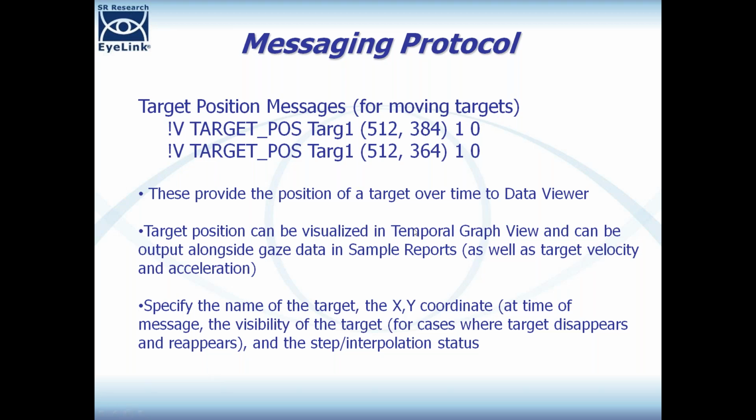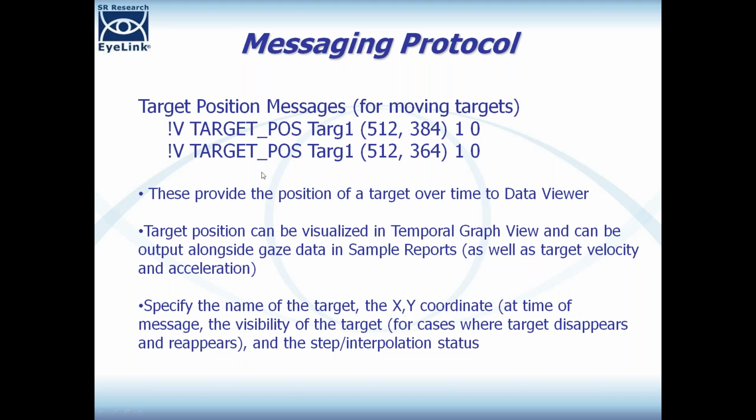And this target position can be visualized in the temporal graph mode, and it can also be output alongside the gaze data when you create sample reports from Data Viewer. And that can include the target's velocity and acceleration. So it's useful not just in the position, but also in getting the velocity and the acceleration of this target over time. And the sample reports can also include eye position, velocity, and acceleration as well.